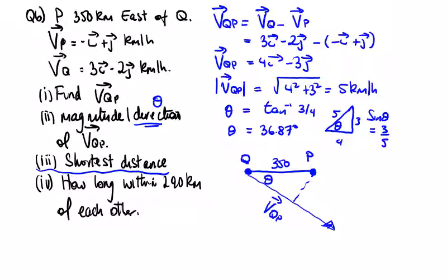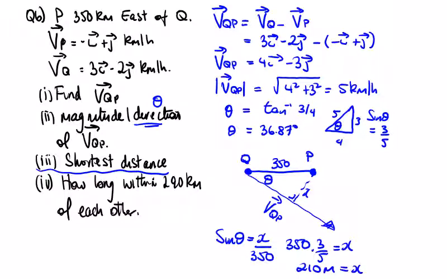Theta is in here, and we're looking for x, the shortest distance. The sine of theta is equal to x over 350. So 350 by 3 over 5 is 210 kilometers, the shortest distance.